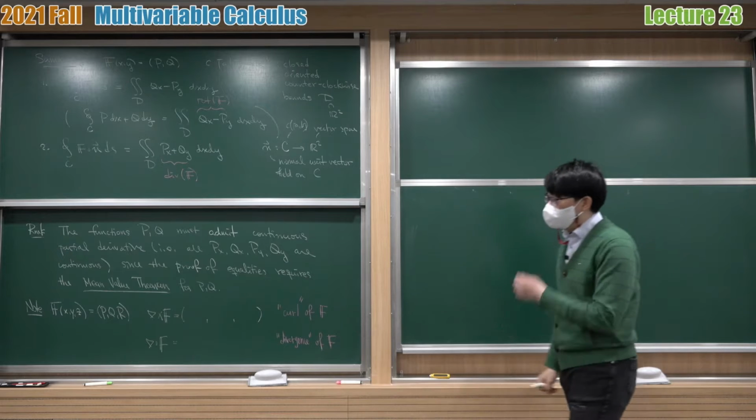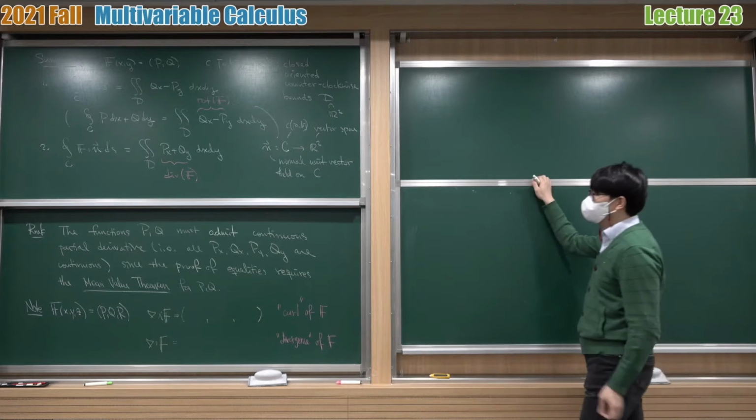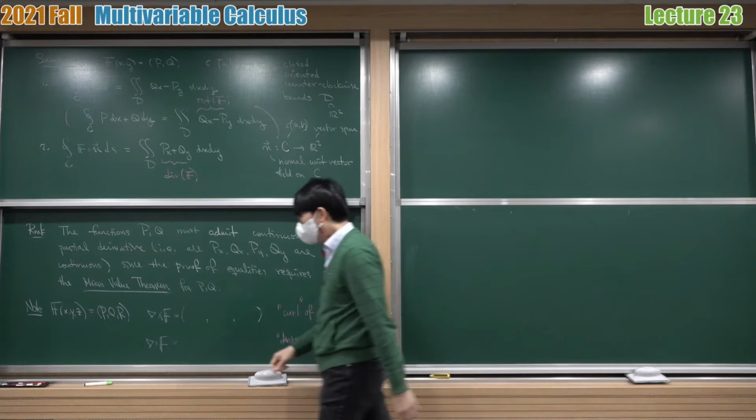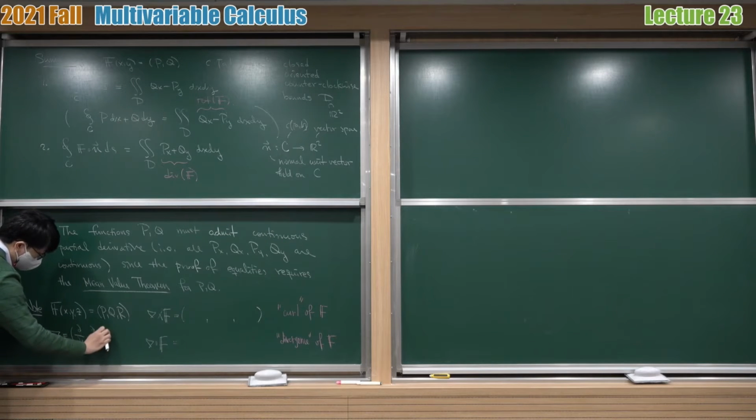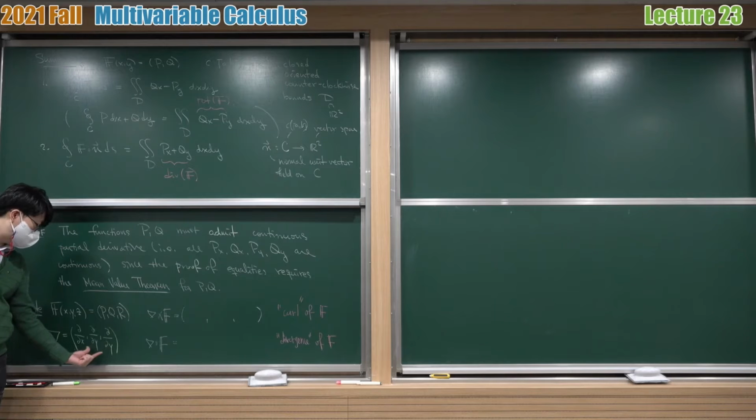So how do we remember this curl and divergence? Remember this notation: whenever we put a nabla, it appears many times in a physical context. We can remember this as a vector of operators, a vector which has an operator on each component. Instead of having a number on each component, you could assume that this nabla is a vector whose components are operators.